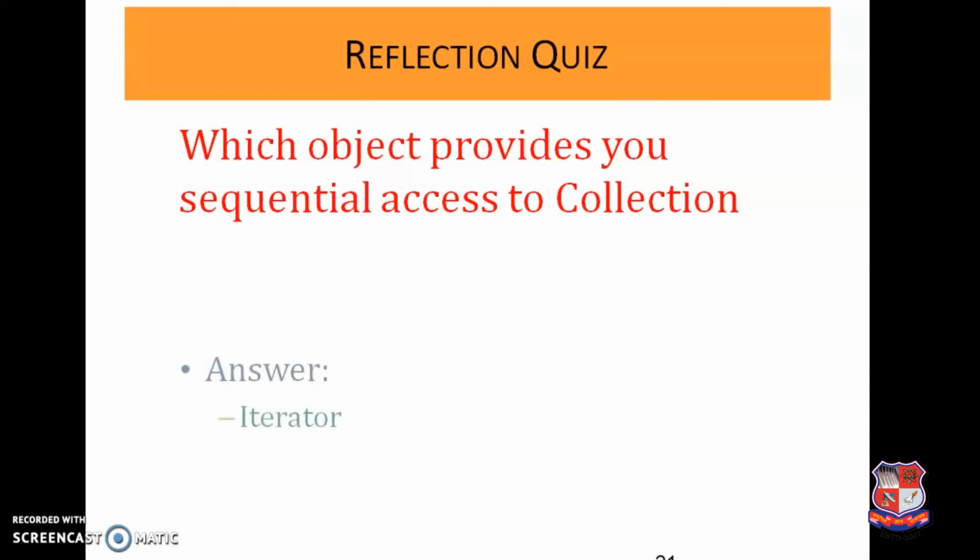Answer is iterator. Iterator is a very important object which is returned by the iterator method of the collection interface, and the collection interface is realized by almost all collection classes. So you will be able to get an iterator from any collection class, and with the iterator you will be able to access elements in a sequential manner.